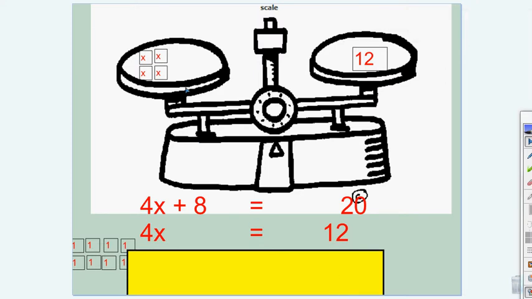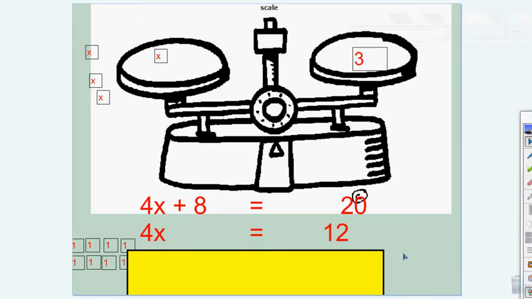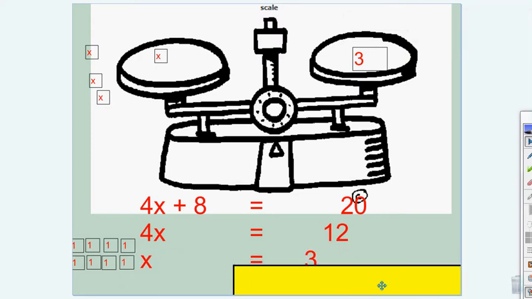And therefore, one of these x's equals 3 pounds. When I divide by 4, x equals 3 pounds. So you get a nice picture image. Again, pictures helping us out. That's what we're doing here: we're going to simplify first by getting it all together, and then solve.